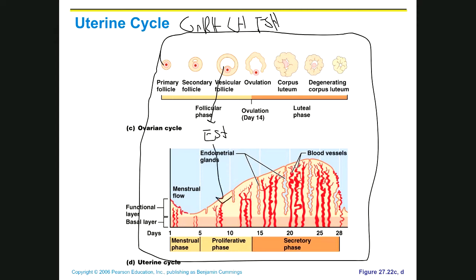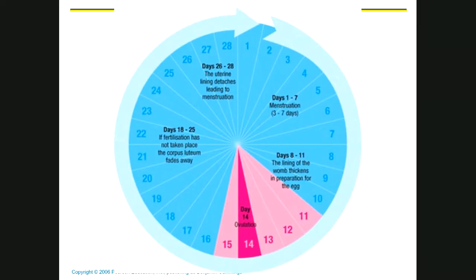And then the corpus luteum, remember, makes estrogen and progesterone. And that is what makes this happen. And then remember, this does not make estrogen or progesterone, neither one. And that is what makes this happen. So they're all connected to each other in this cycle.